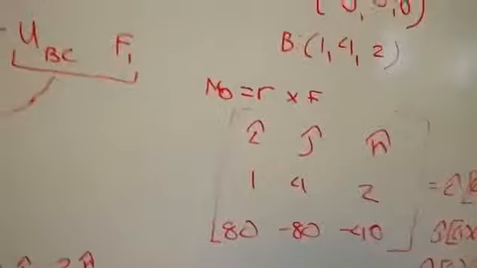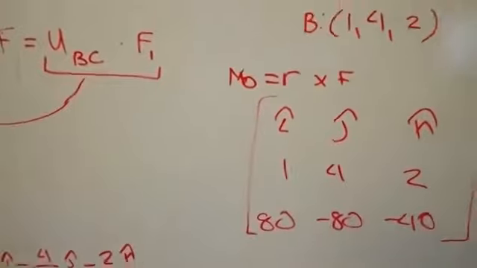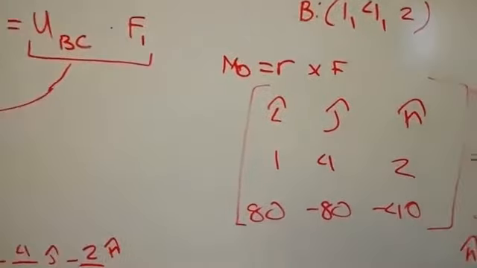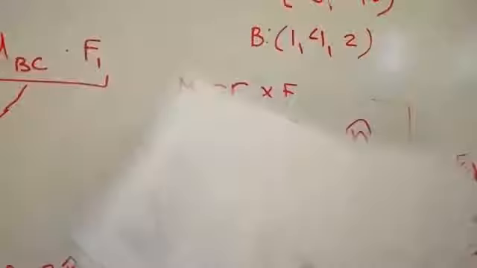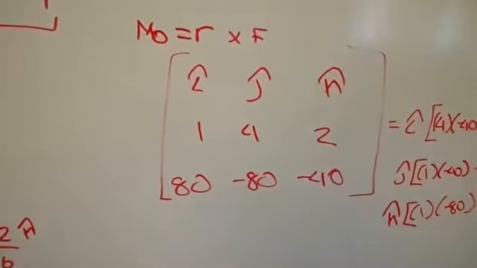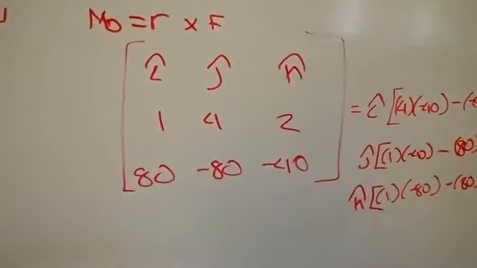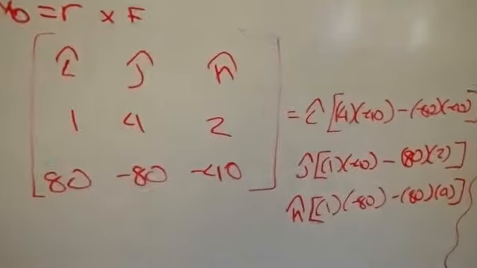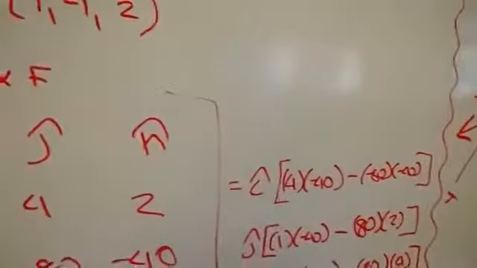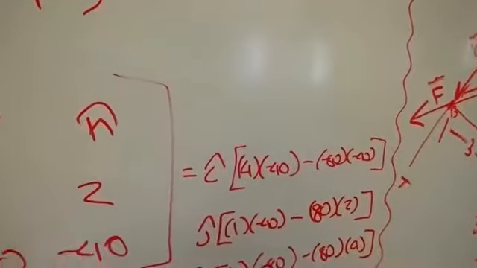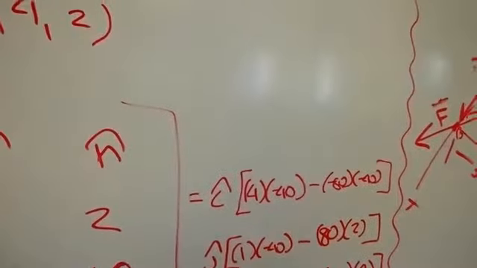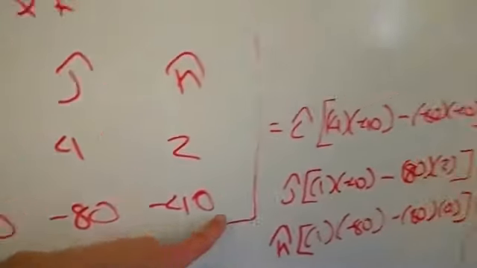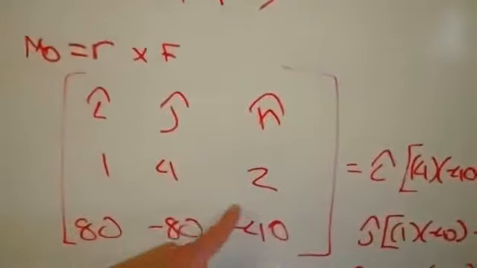And then you've got your R vector, which is ROB, right? So you got IJK, 142, 80, minus 40. And you got I times 4 times minus 40 minus negative 80 times 2.